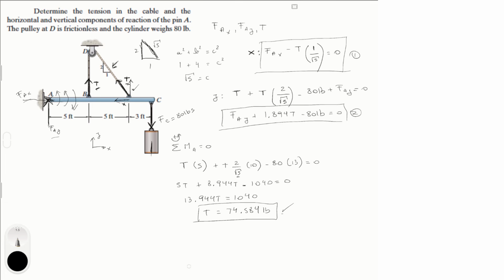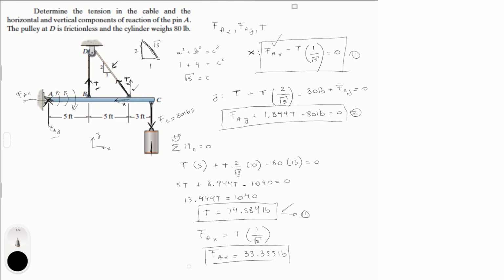Now we can plug this into equation 1 and we can solve for F of A of x. And we're going to get that F of A of x is equal to T times 1 over square root of 5. F of A of x is equal to 33.355 pounds.